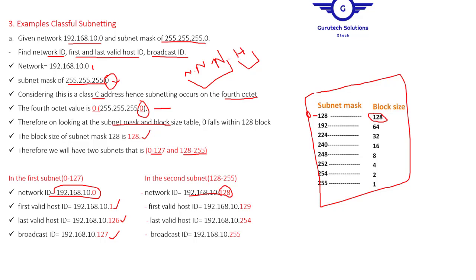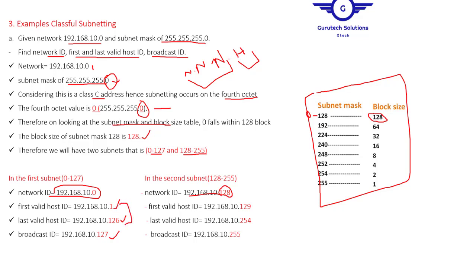We say the broadcast ID is the last step before moving to the next subnet. If the next subnet is 128, the previous step is 127. And if the broadcast ID is 127, the last valid host ID should be 126.